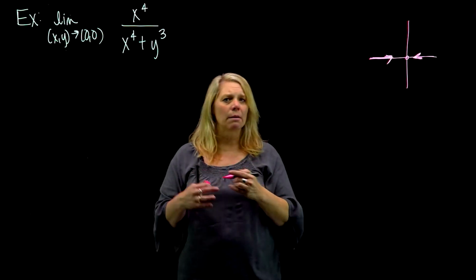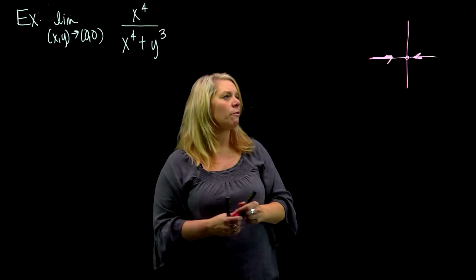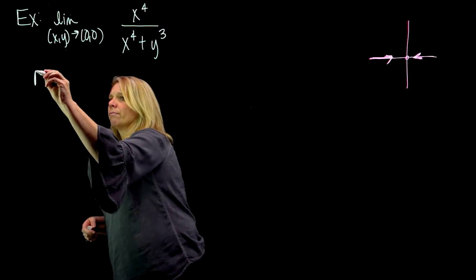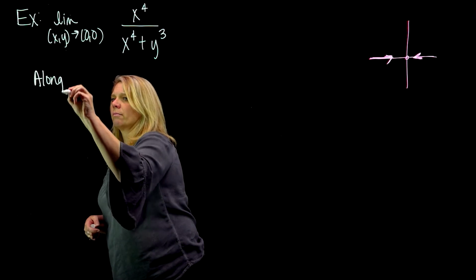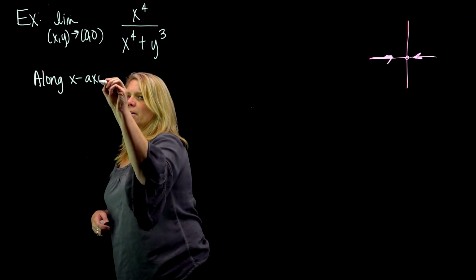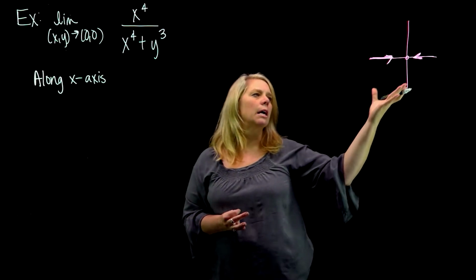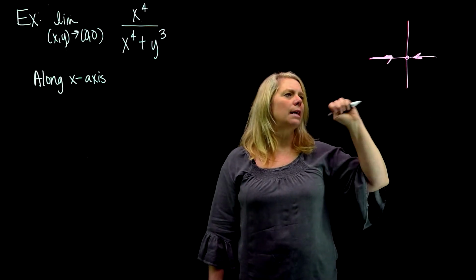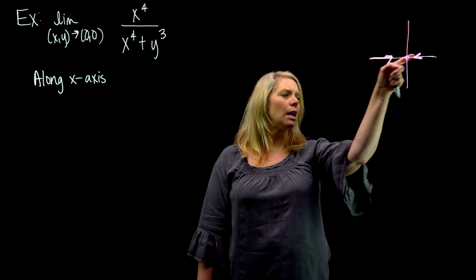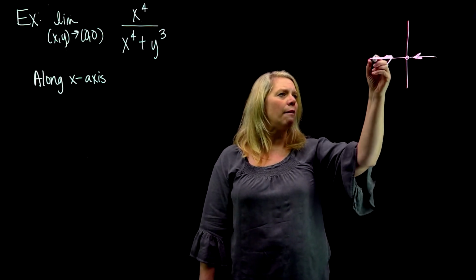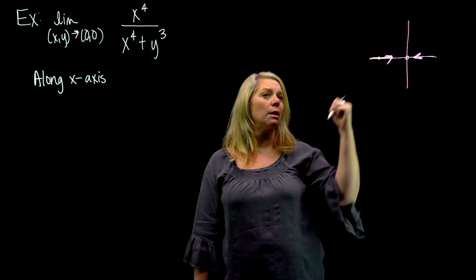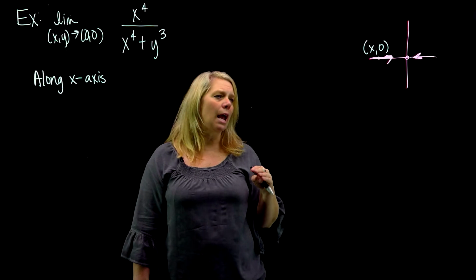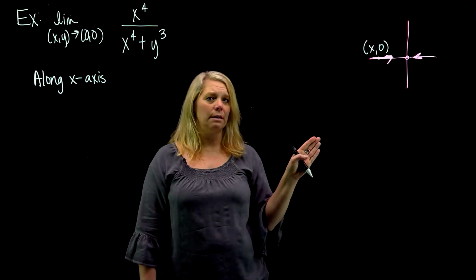All right, so I'm going to write down the limit notation for a path of approach that would be coming in along the x-axis. And the picture is helpful here because when you think about this picture of an xy coordinate plane and think about the x-axis, you can see that if you're coming in along the x-axis, every point on that x-axis has a y-coordinate equal to 0 and an x-coordinate that's just approaching 0.